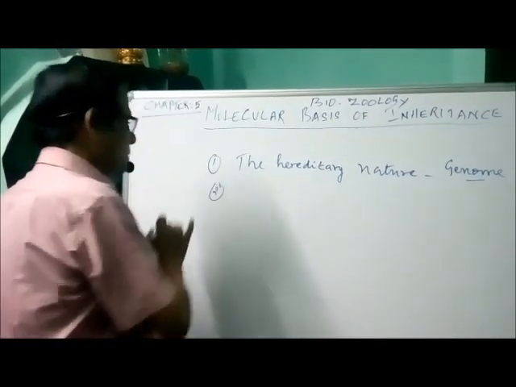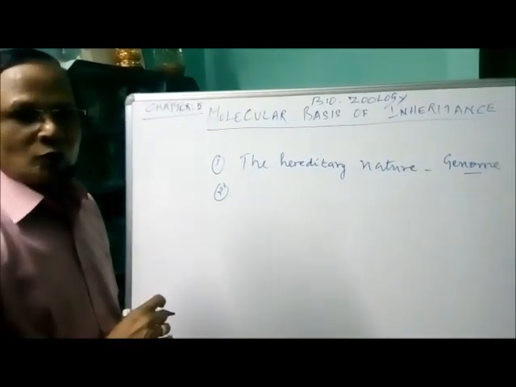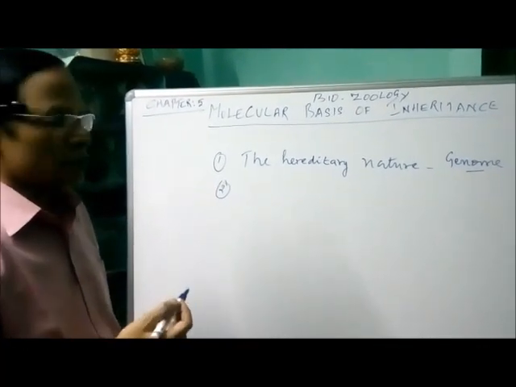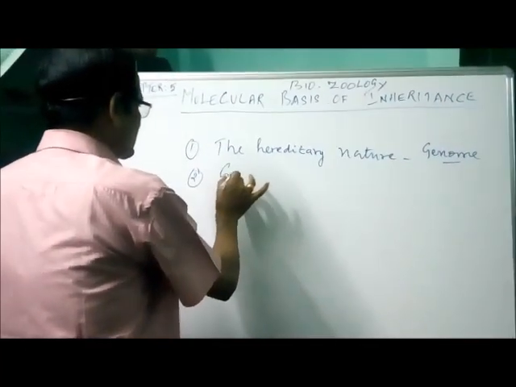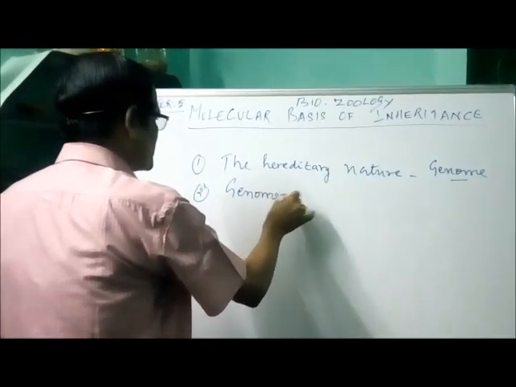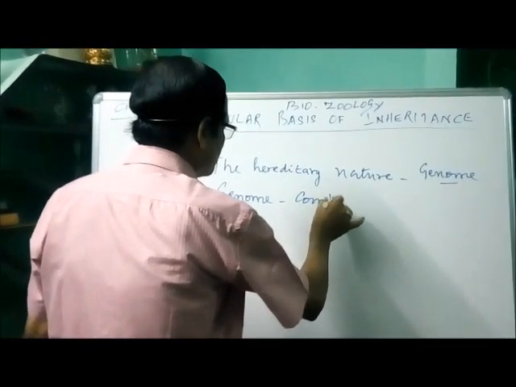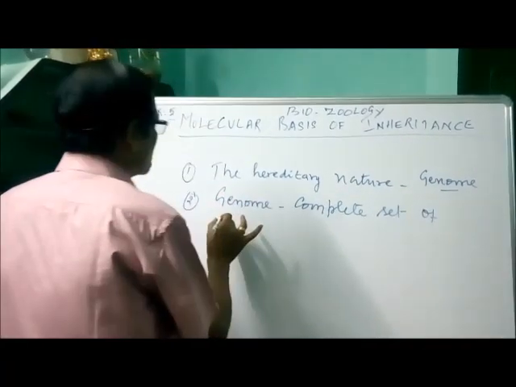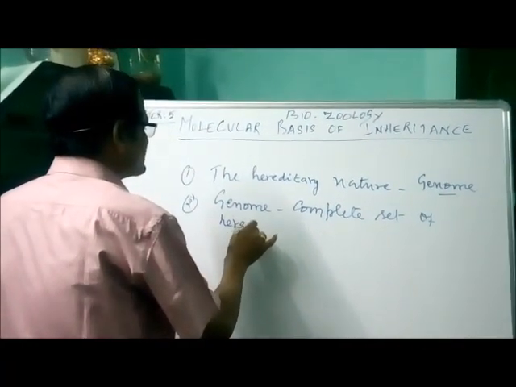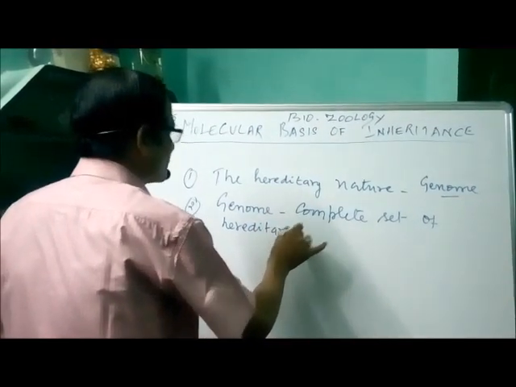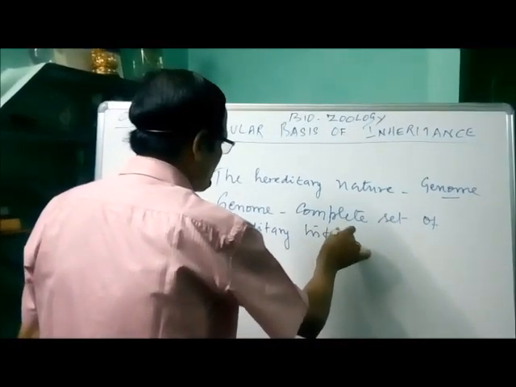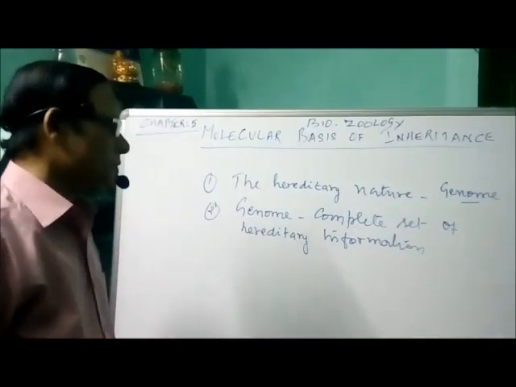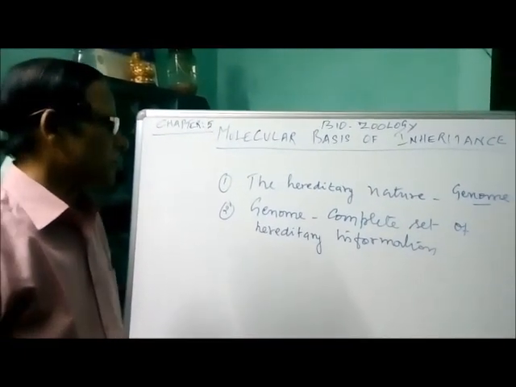Number two. The genome, you know, is one complete set of hereditary information for any organism.